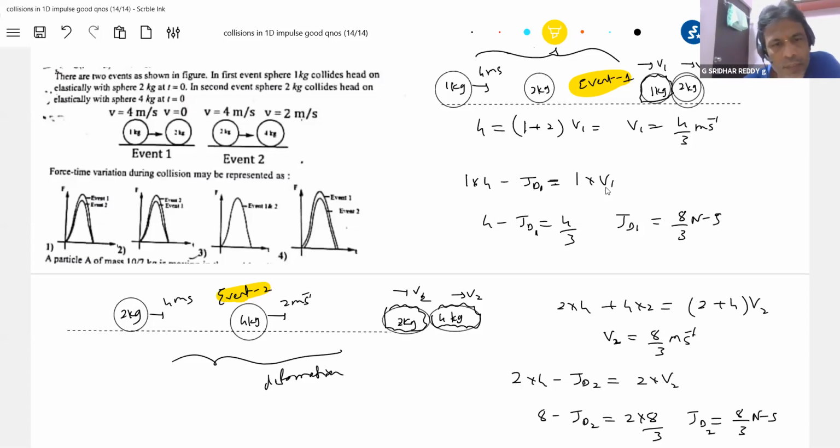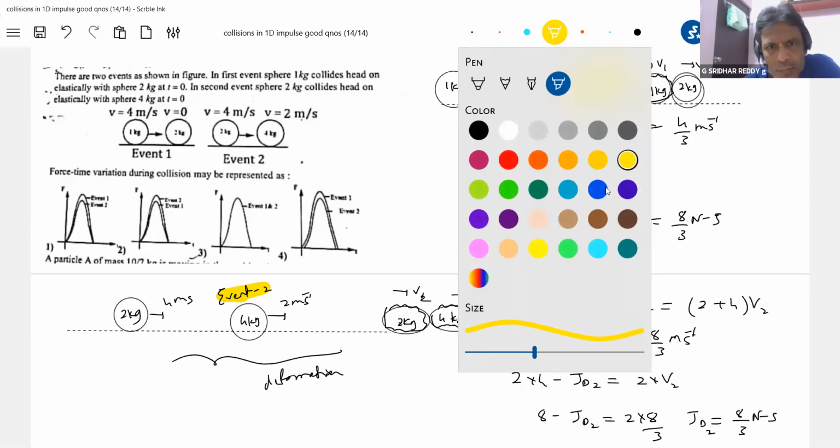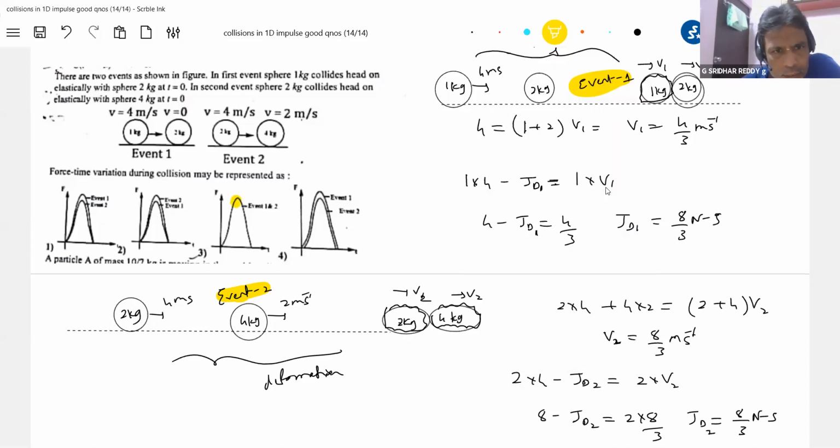But sir, you did it only for deformation. I think that is enough, no? You did only for deformation because after the impulse of reformation we didn't do. For an elastic collision, JD and JR should be equal. Is that okay? This is a very nice concept. Please try to understand.